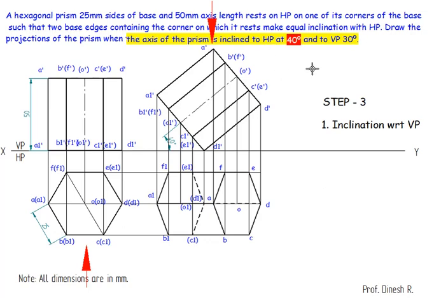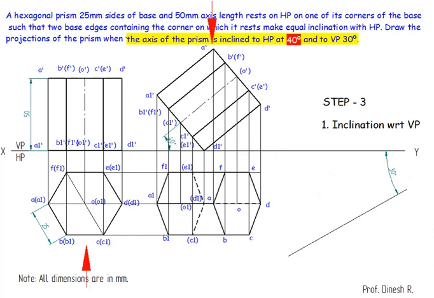The inclination of this is 30 degrees with respect to VP. So we are going to be drawing a 30 degrees line. You need to keep enough space, as this solid we are going to keep here.